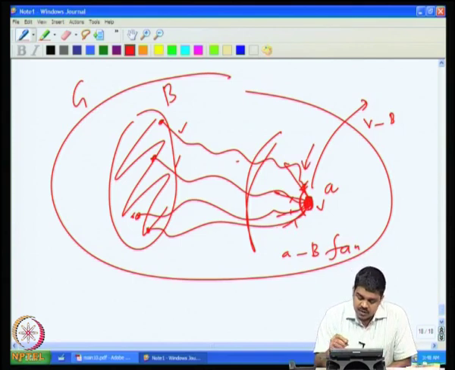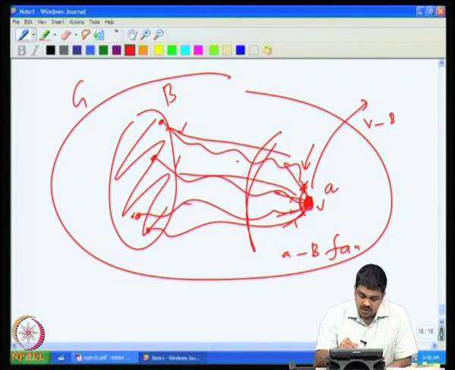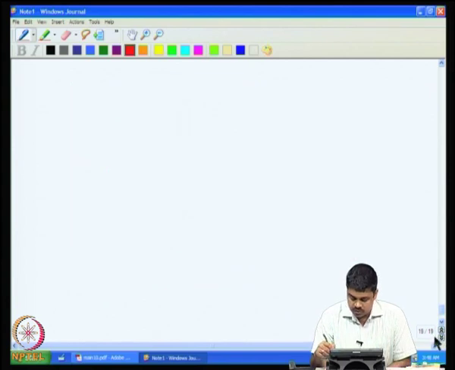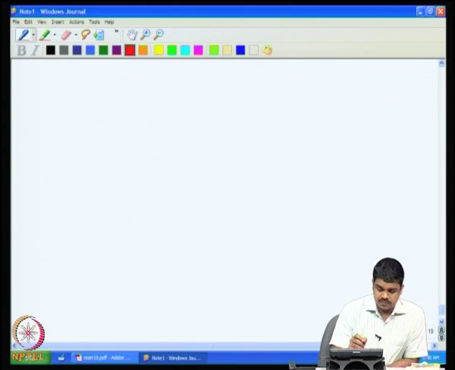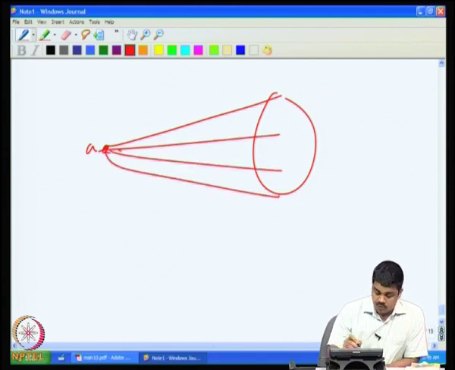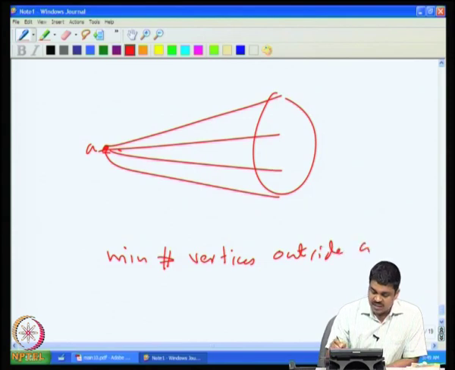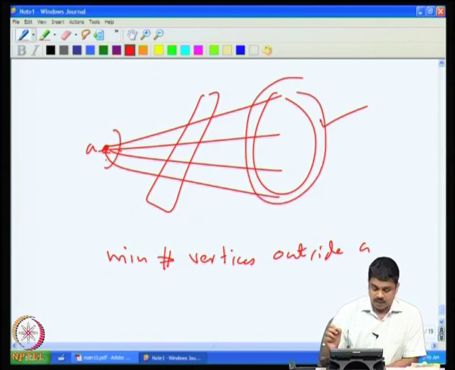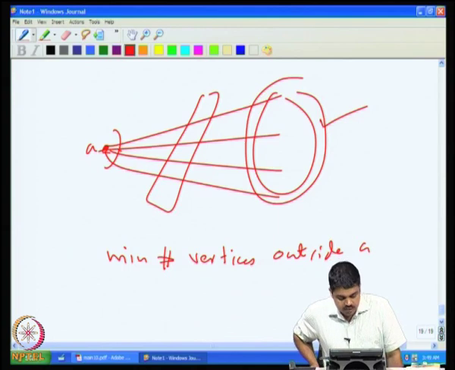The cardinality of the AB fan is how many such paths there are from A to B. We will show that the maximum cardinality of the AB fan will be equal to the minimum number of vertices, other than A, that I have to remove from the graph so that B gets separated from A, so there is no more path from A to B. Those numbers are the same.